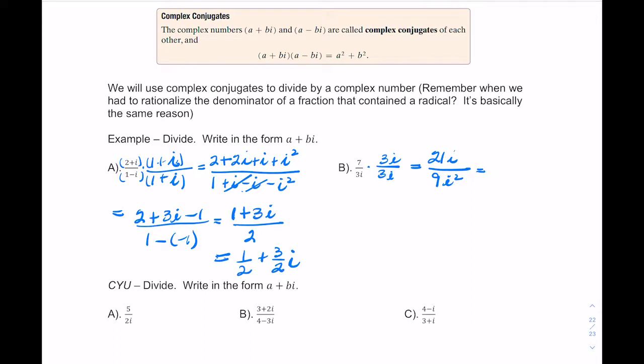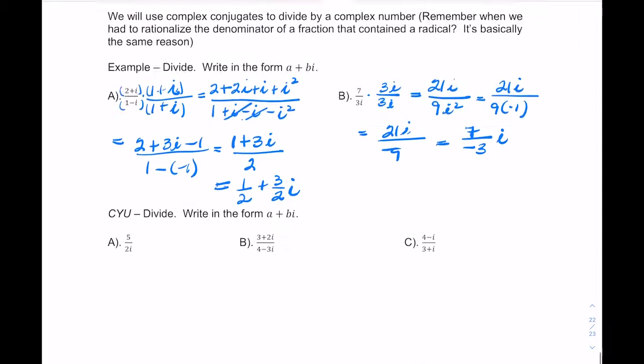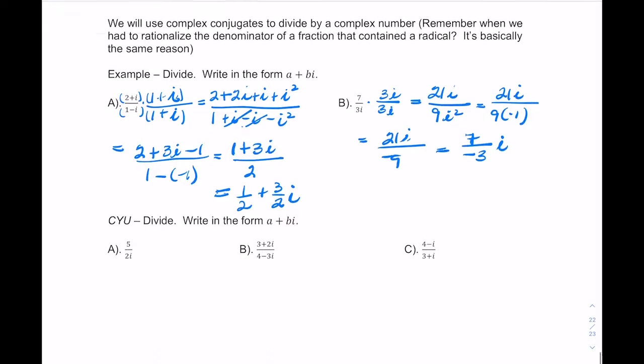Remember, i squared would turn into a negative 1. So now you have 21i divided by negative 9, which we can reduce. 3 goes into 21 7 times, and 3 goes into negative 9 3 times. So it's really just negative 7/3 i. And as you notice, the i's went away in the denominator.